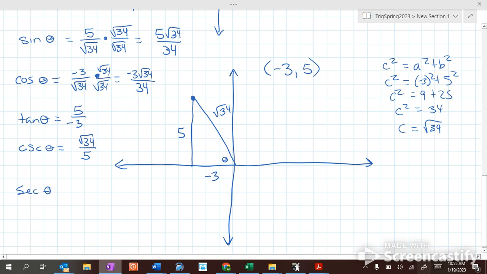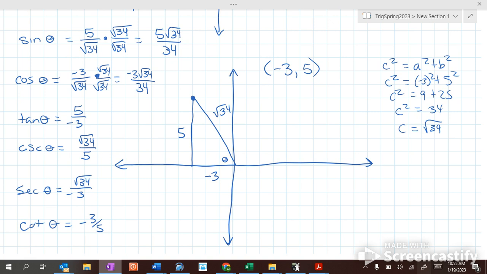Secant of theta is square root of 34 over negative 3. And cotangent of theta, negative 3 over 5. Can you handle that? You'll have 2 problems where you have to do the 6 trig functions.